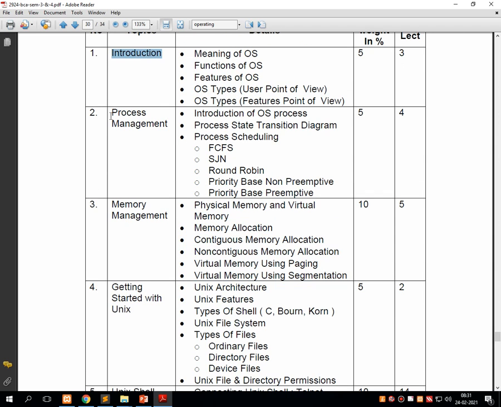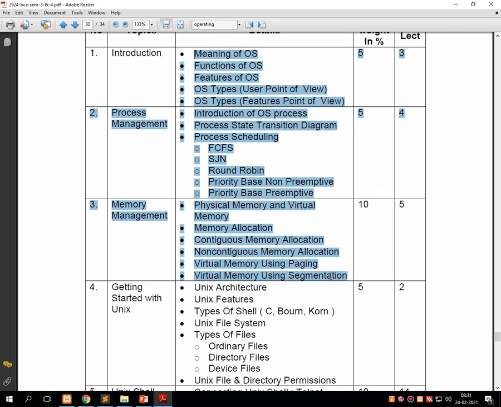Now, unit number 1, unit number 2 and unit number 3, all these units with their topics give us the idea of the operating system, how it handles the internal processes.